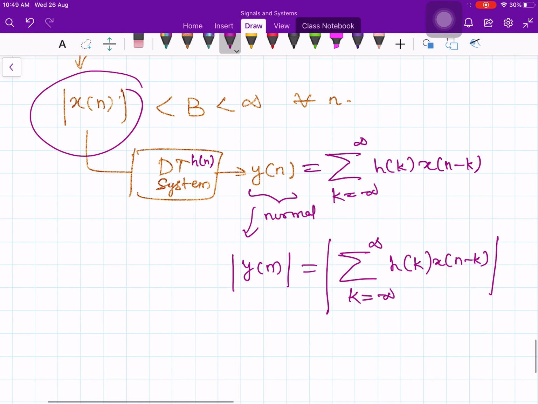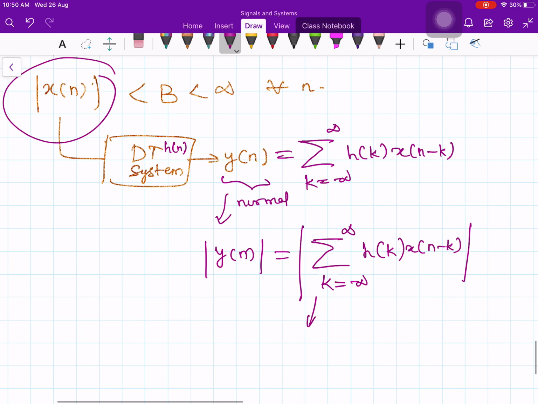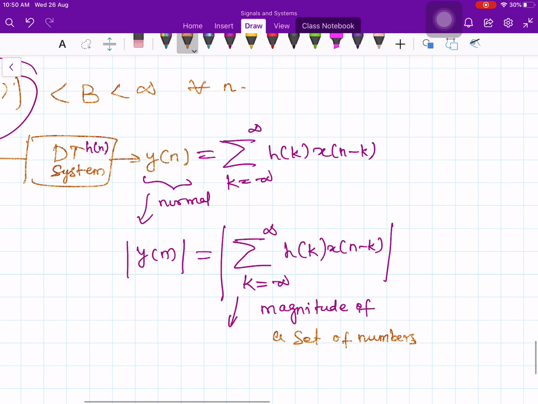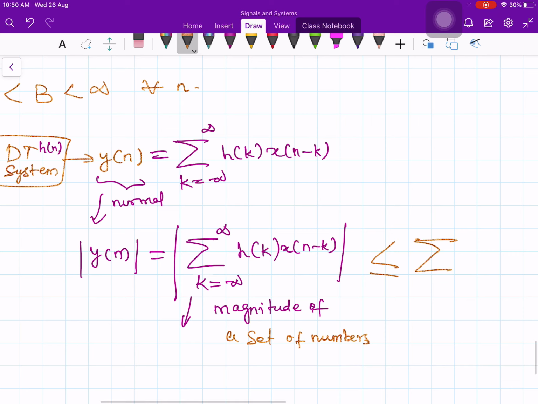Okay. So we already just now proved that the magnitude of the sum of a set of numbers is no larger, that means less than or equal to, the sum of the magnitudes of the numbers. This one is the magnitude of the sum of a set of numbers, and it is no larger than, you first take the sum, k equal to minus infinity to plus infinity, of the magnitudes of the numbers.